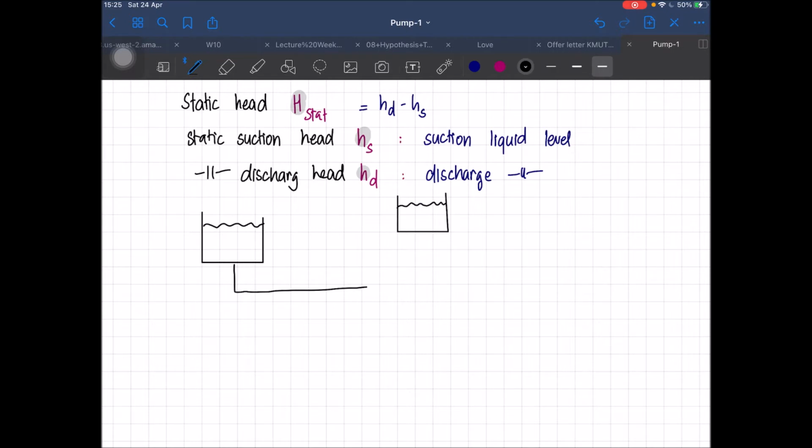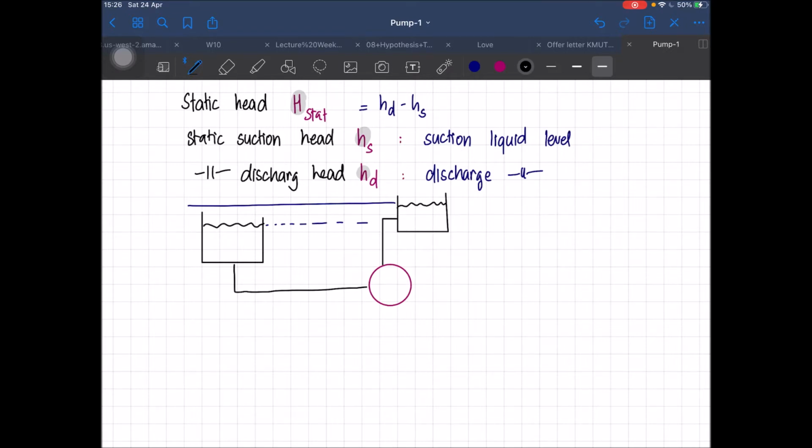In this subject, we're only studying water. Then there's the pump. I can just draw the symbol of a pump. The pump is also connected to the upper part, so I will draw it something like this.